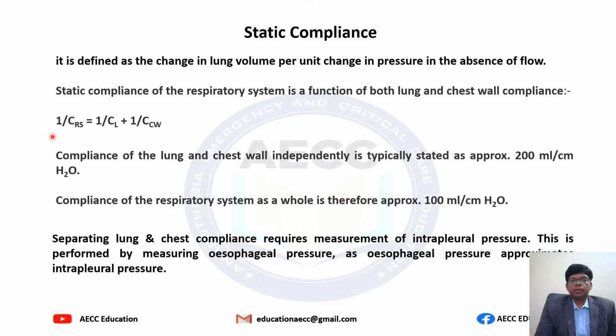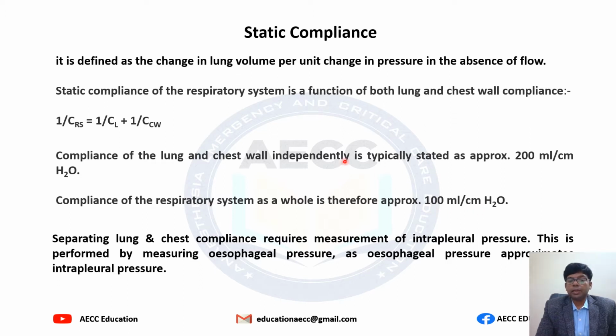Hence, 1 by compliance of the respiratory system is equal to 1 by compliance of the lung plus 1 by compliance of the chest wall. The compliance of the lung and chest wall independently is typically stated as approximately 200 ml per centimeter of water. Hence, the compliance of the respiratory system is approximately 100 ml per centimeter of water.